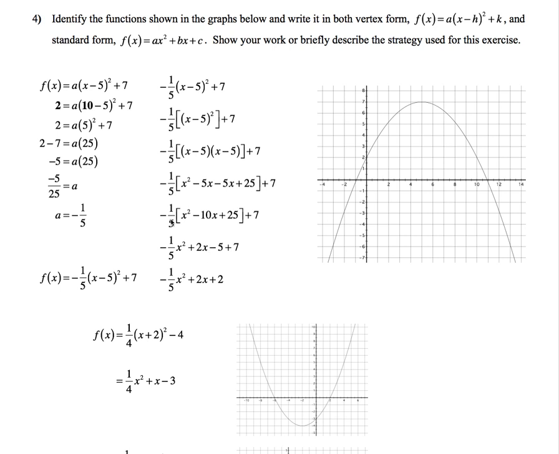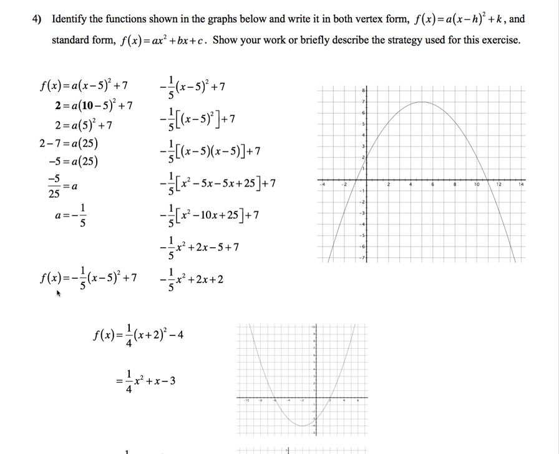And then negative 1/5 times 25 is going to be a negative, because it's a negative times a positive. 25 divided by 5 is 5, so we have negative 5 here. And then the last step is to combine the positive 7 on the outside here with the negative 5 here, which gives us a positive 2.